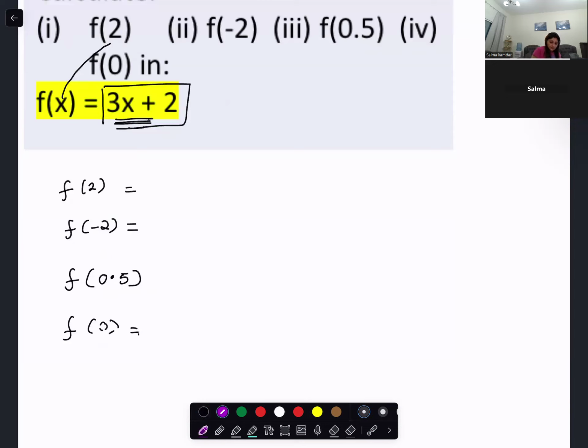So you're just going to replace your x by 2, minus 2. In the third one, you will replace it with 0.5. And in the last one, you're going to replace it with 0. Okay, you can do it. I will do it silently.